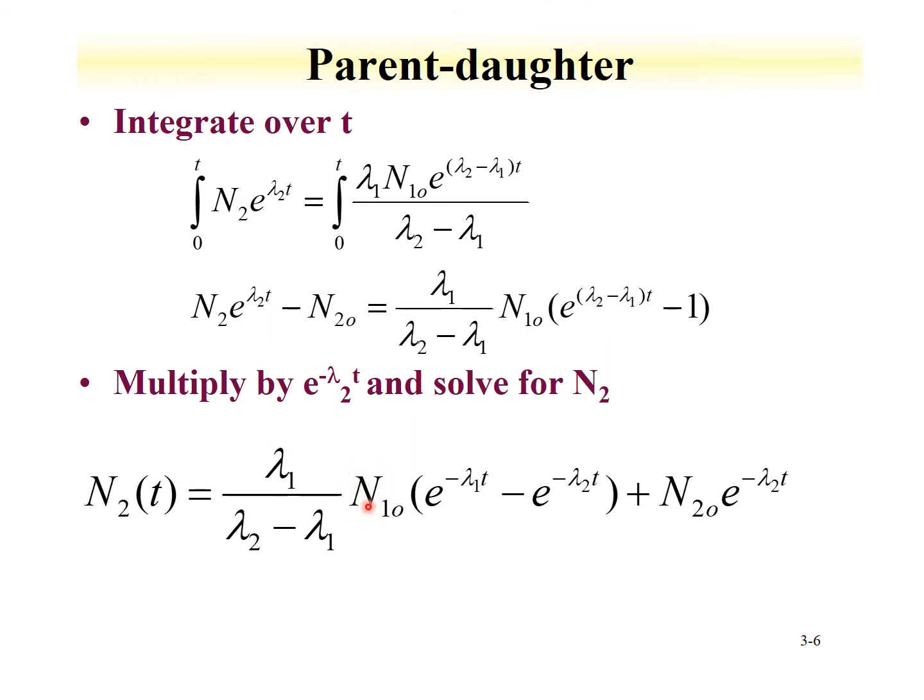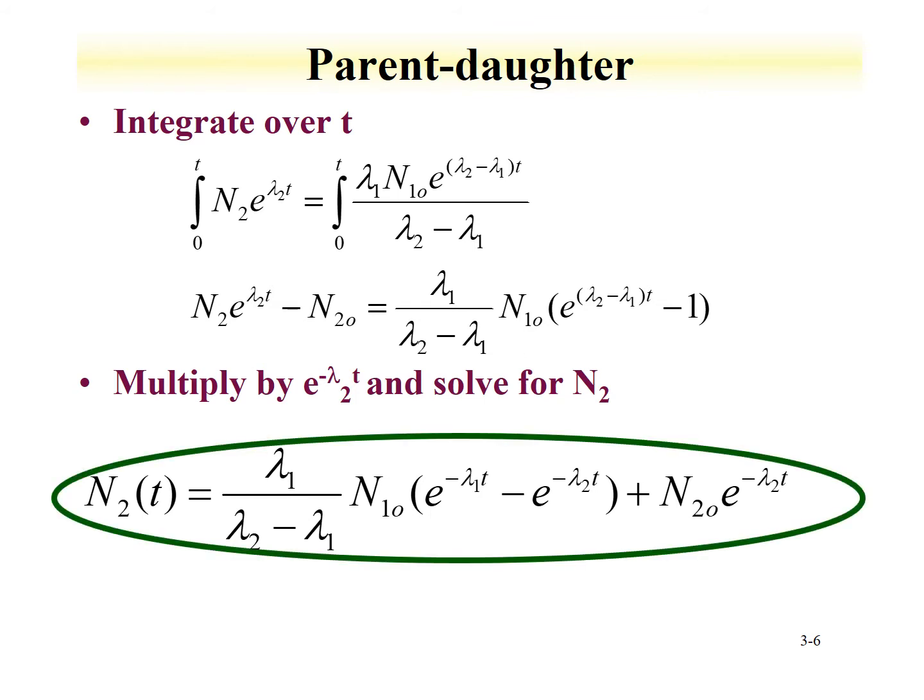And the initial amount of the parent times e to the minus lambda 1 times t minus e to the minus lambda 2 times t, plus any amount of the daughter that is originally present. So let's consider that term also.